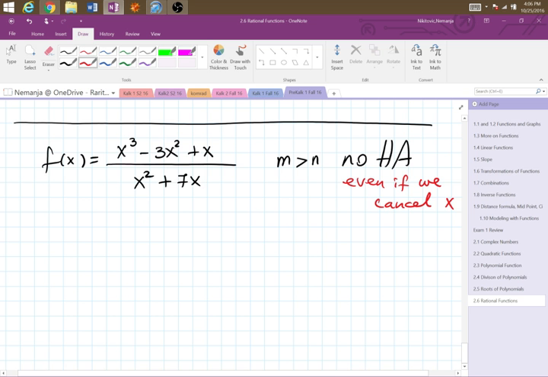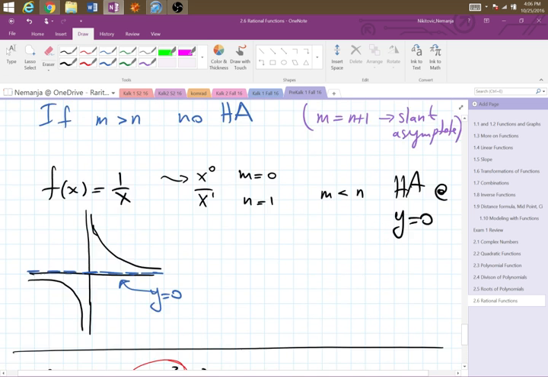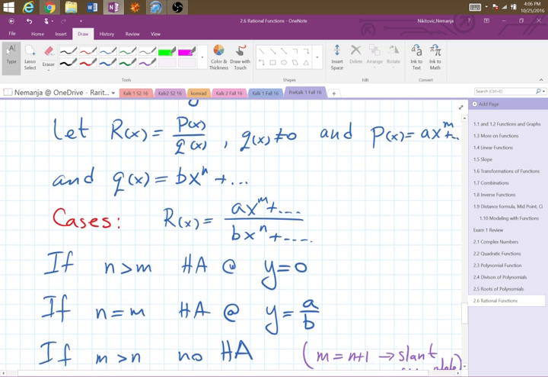Leading degrees. The exponents, right? Leading term, exponents. M and N. So cancellations only affect the vertical. Exactly.